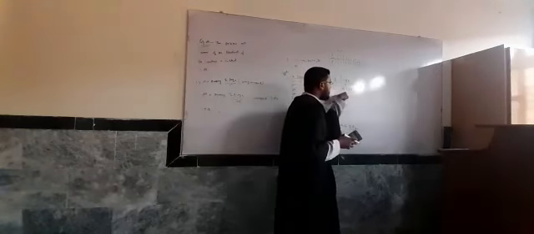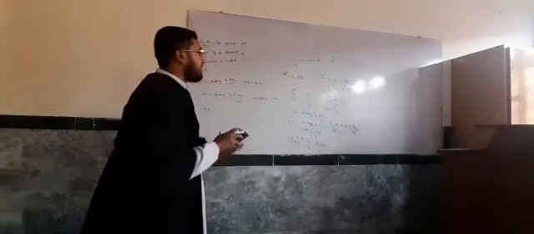Log of 2 equals 0.3010. Similarly, you should write the decimal up to 4 decimal points, not 3 or 5 or more. Log of 3 equals 0.4771, log of 4 equals 0.6020, and log of 5 equals 0.6989.